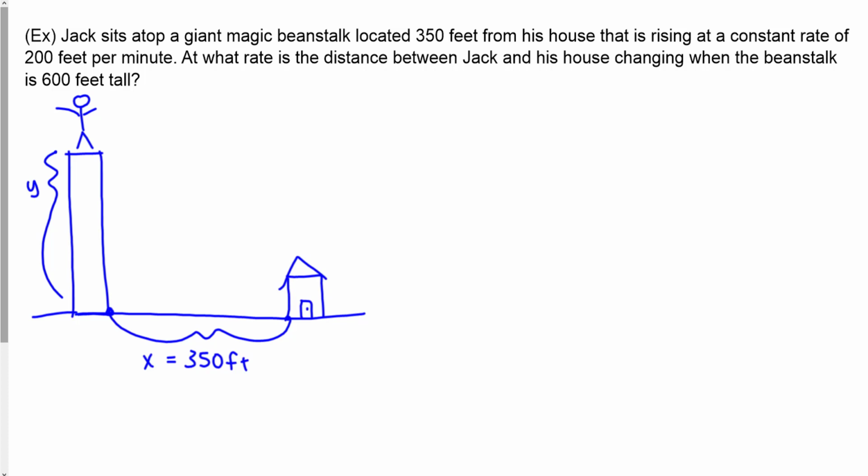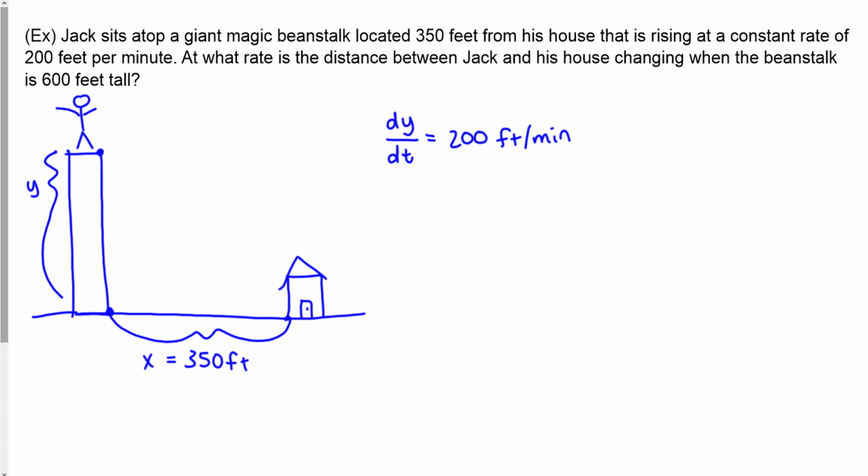And I'm going to use this as a point of reference, but of course it's the same height as the other side of this beanstalk here. Okay, so what we're told then is that the beanstalk's rate of change, so dy/dt, is 200 feet per minute. Okay, that's an important piece of given information.